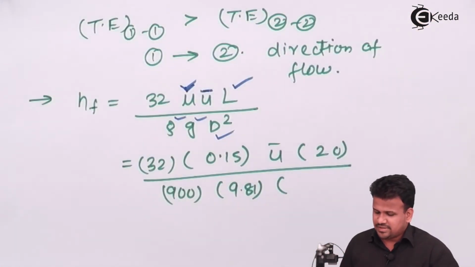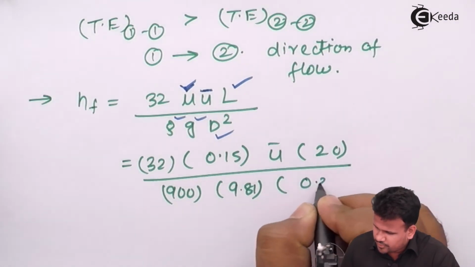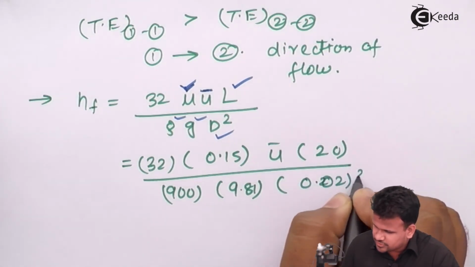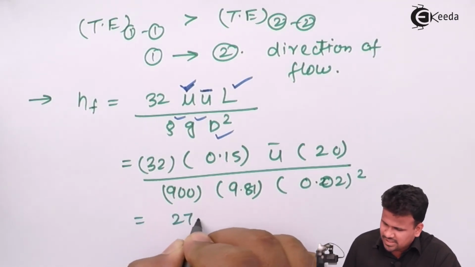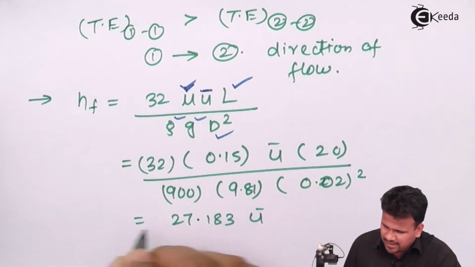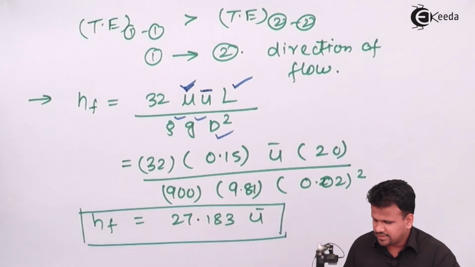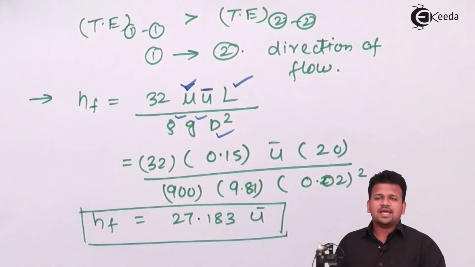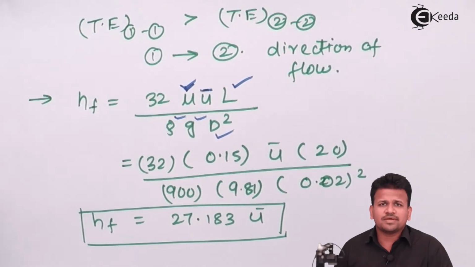Now let us evaluate this. With 0.02 square, this comes out to be 27.183 u bar, that is the head loss due to friction in the entire pipe. This head loss due to friction is equal to the difference in the head at section 1-1 and section 2-2.